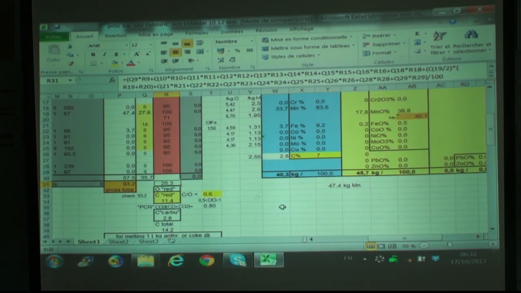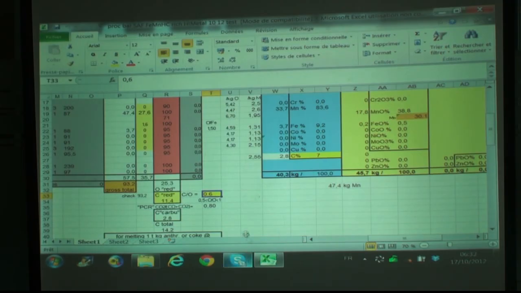And you see here we have indicated, this is an input, 0.6 CO. So it calculates the carbon necessary for reduction, just saying that it is the oxygen multiplied by 12 over 16, carbon over oxygen, and multiplied by C over O.